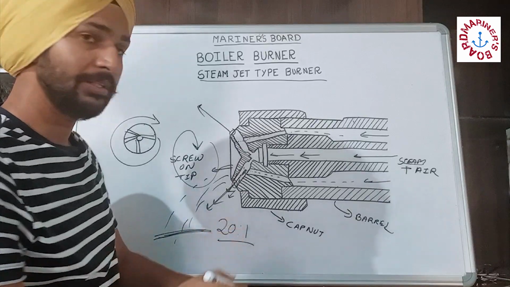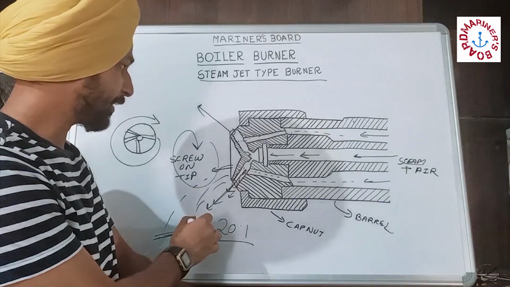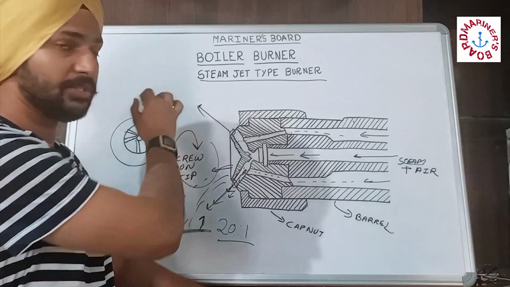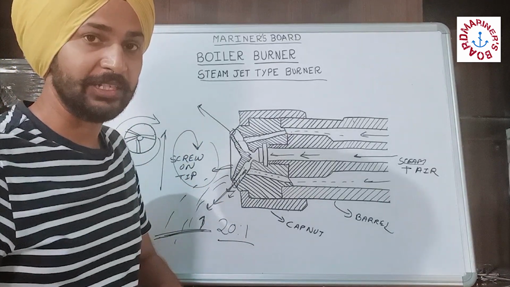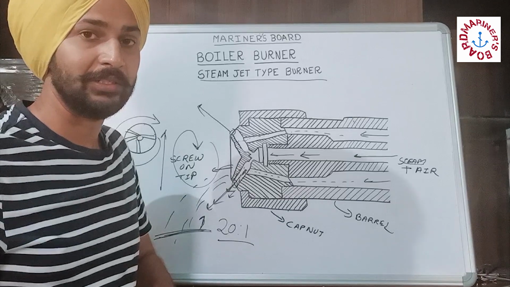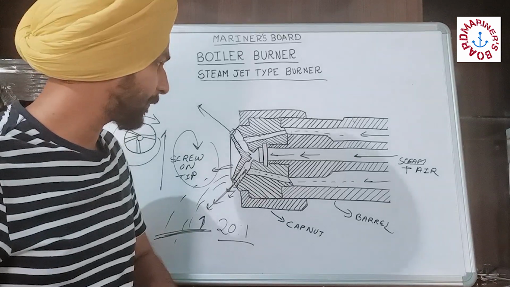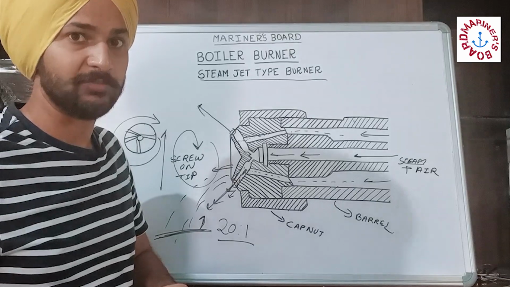So when this fuel catches fire, there is a sudden increase in pressure of the boiler. This sudden increase of pressure inside the boiler is called backfire, which is very dangerous for the boiler, and it should be avoided as much as possible.